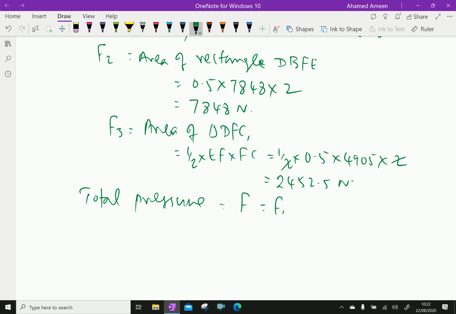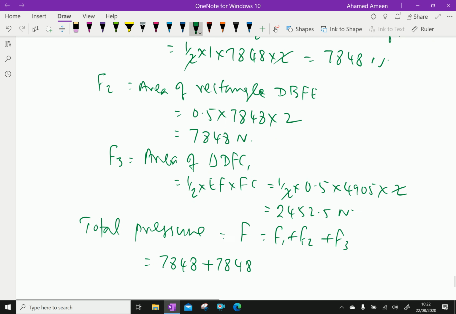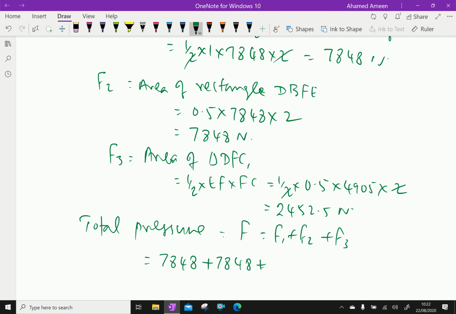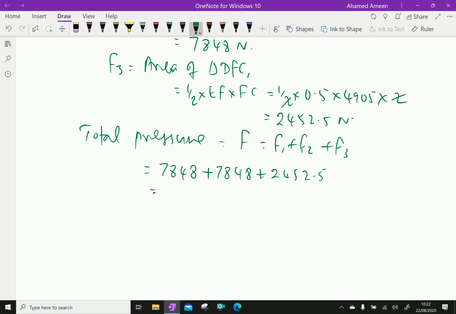Therefore total pressure F equals F1 plus F2 plus F3, which is 7848 plus 7848 plus the triangle area 2452.5, equal to 18148.5 Newton.